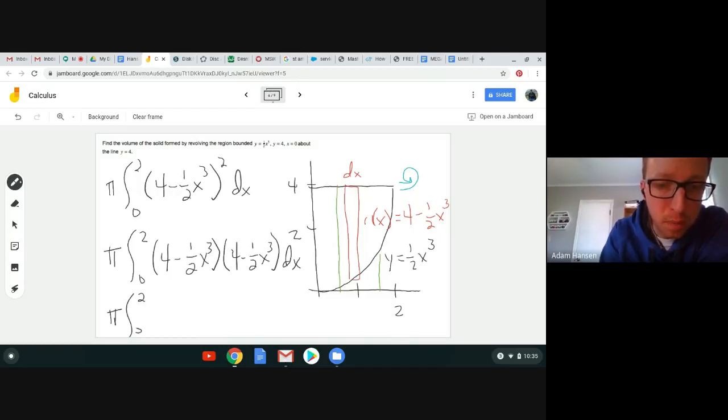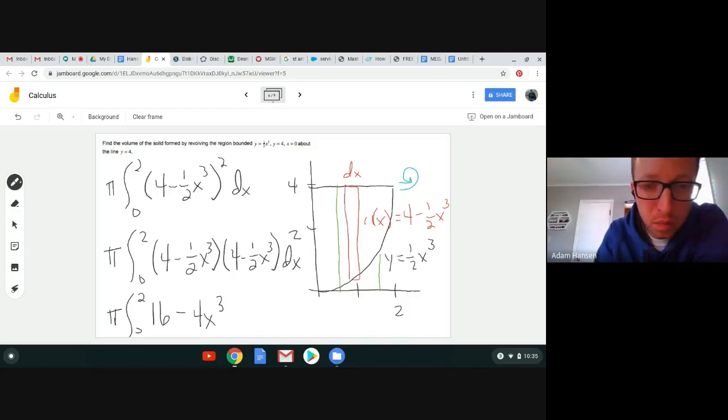Let's see, 4 times 4 is 16. 4 times a half x cubed is 2x cubed. A half x cubed times 4 is another 2x cubed, so minus 4x cubed. Half x cubed times half x cubed is a plus a fourth x to the sixth.